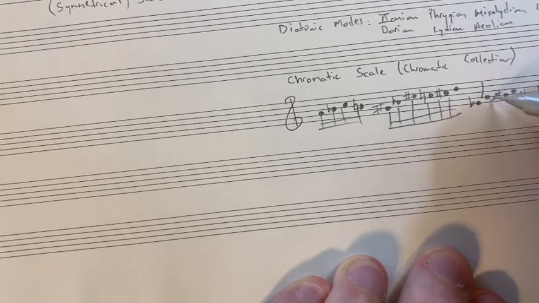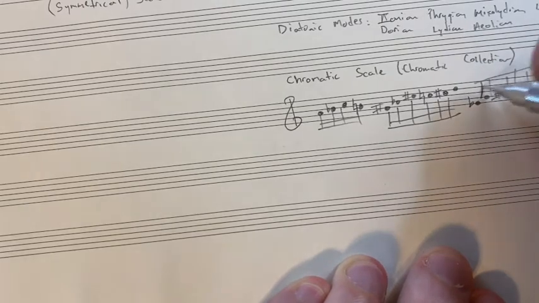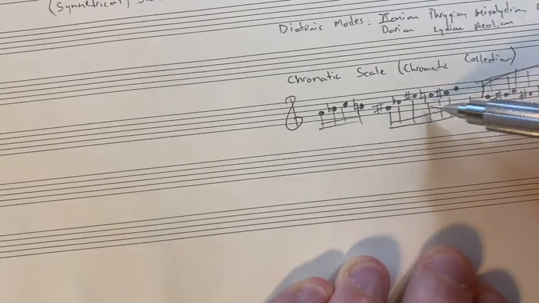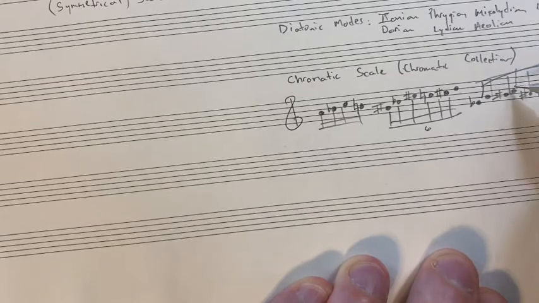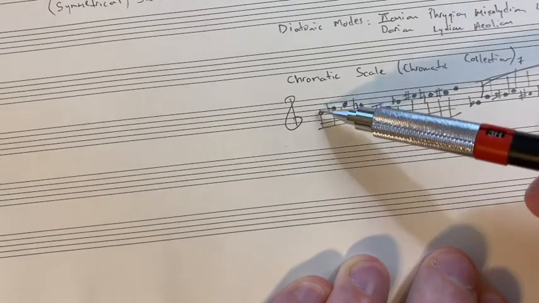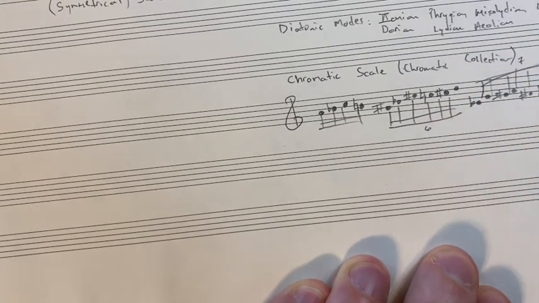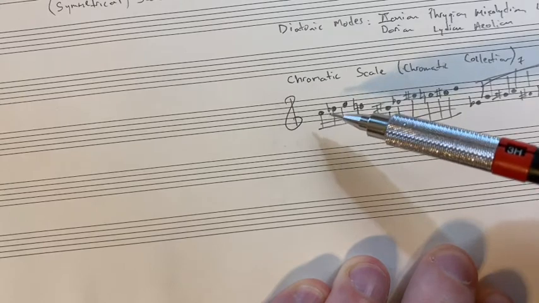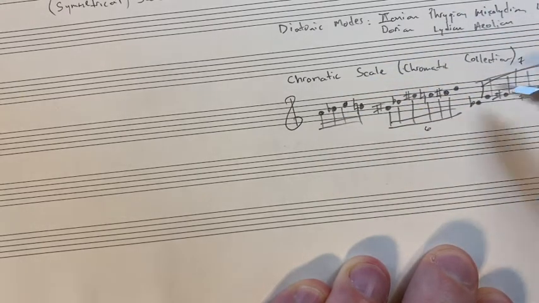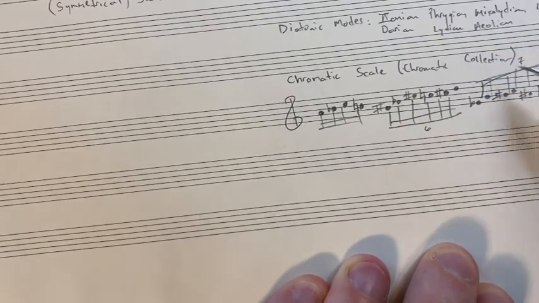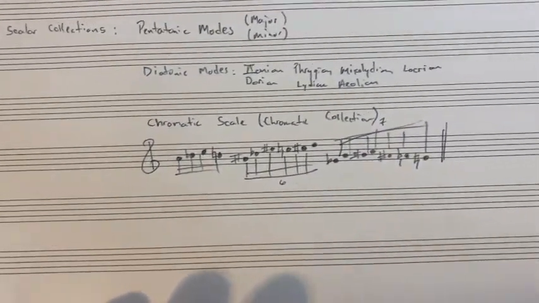With whole steps, half steps. So if you saw a measure like this, you could notice C, C sharp, D, E flat, E natural, F, F sharp, G, G sharp, A, B flat, B natural, C.